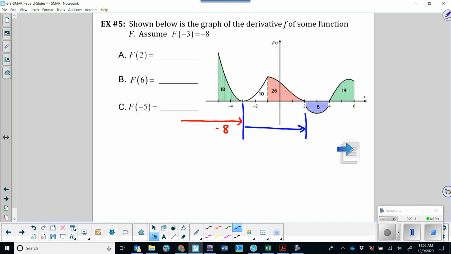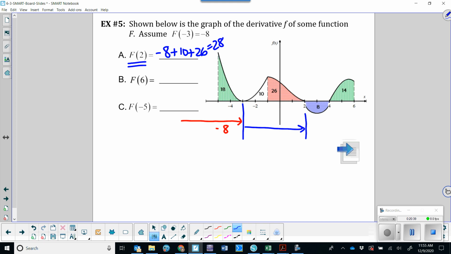And now I need the rest of it from negative 3 to 2 in order to get all of F of 2. So that's how I look at it. It's going to be negative 8 that we already know, plus the values they've given you there, which is 10 plus 26. Both of those are above the x-axis, so they will be positive. And so this answer is going to be 28.